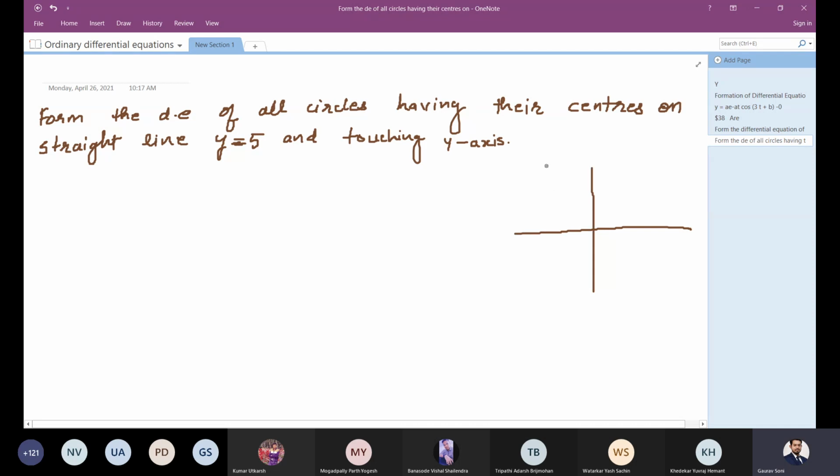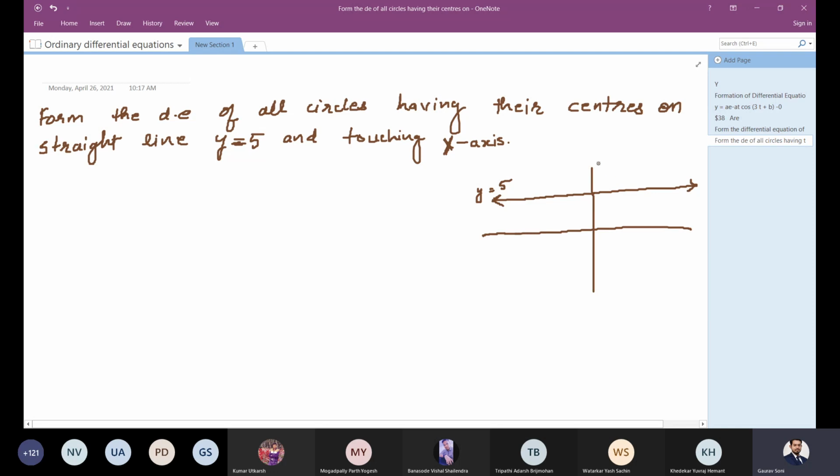X-axis, y-axis, centers on the straight line y equal to 5. Y equal to 5 will be a straight line. So you have centers on this and touching the x-axis.